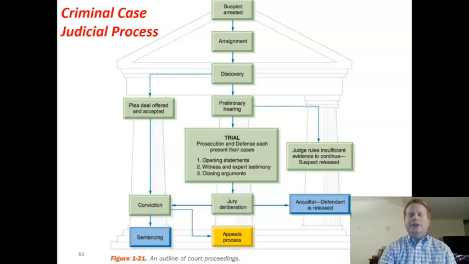But okay. So, if the jury says we found the person guilty, then they go to sentencing. And then the judge will apply the sentence that goes along with that particular crime. Our last part of this is the appeals process, right? So you'll often hear that once somebody loses a trial, they can decide that they want to appeal it. So they want to go through and have the trial again.